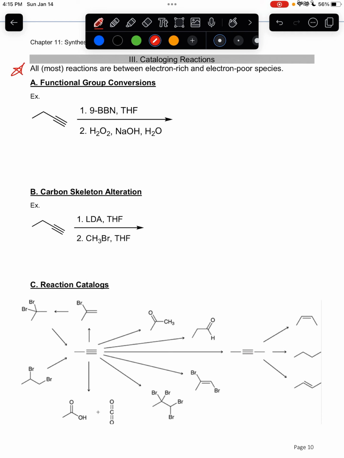Hopefully you remember this reaction from last semester, from the alkyne chapter. Remember, all the pi bond reactions are electrophilic additions, electrophiles grabbing the pi electrons that are loosely held. That's the theme, right?